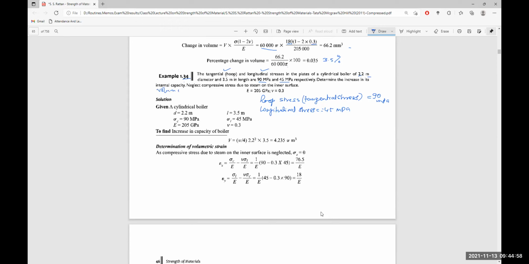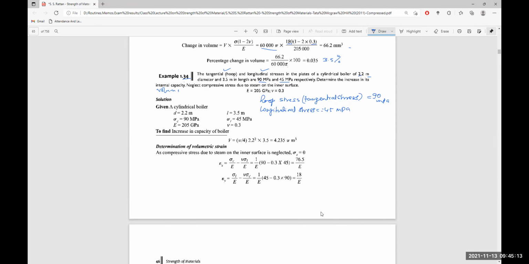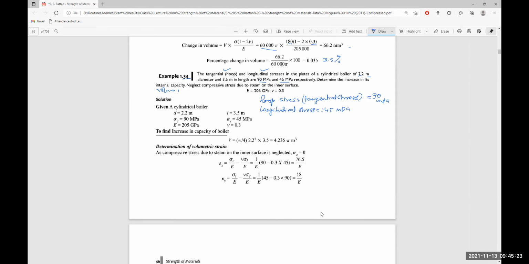As we know the diameter and length, we have the volume of the boiler drum: pi by 4 into 2.2 squared multiplied by 3.5, which is 13.3 cubic meter.